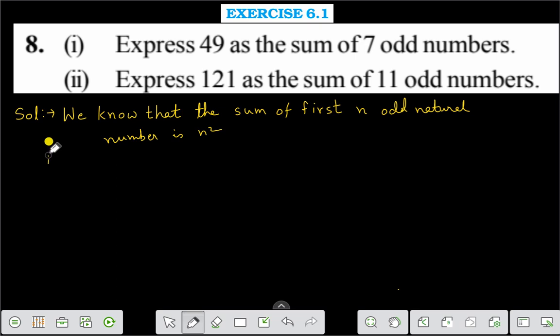Let's solve question number 1. Then we can write 49 is equal to 7 square. Right?